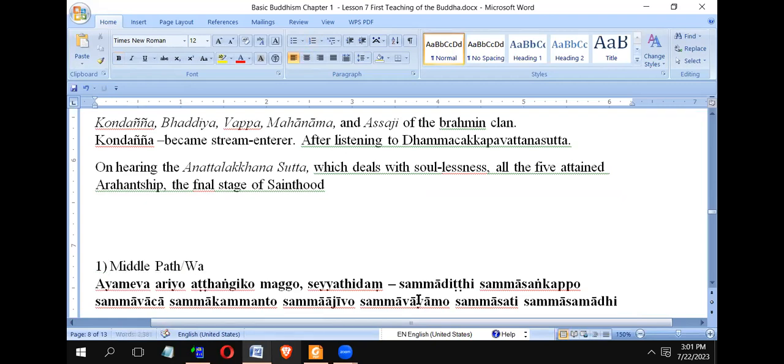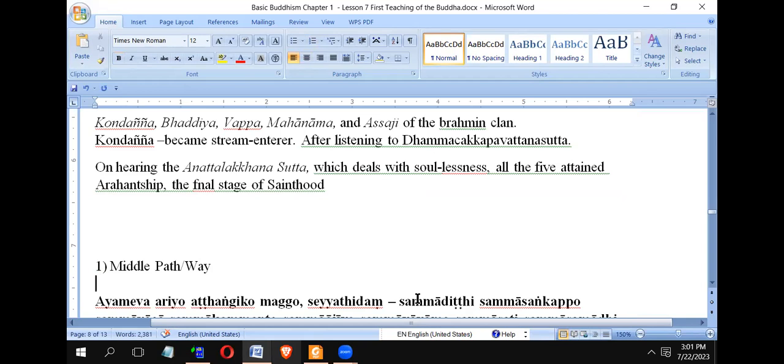Sometimes they call it middle way, right? So the one is Majjhima Patipada. Inside the middle way, this is the same as the Noble Eightfold Path. The middle way is because it avoids the two extremes. So this one we already said.